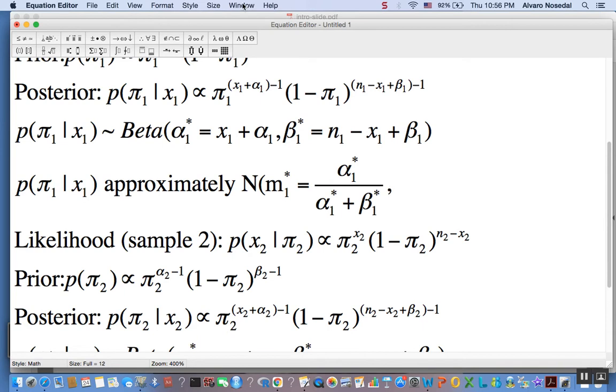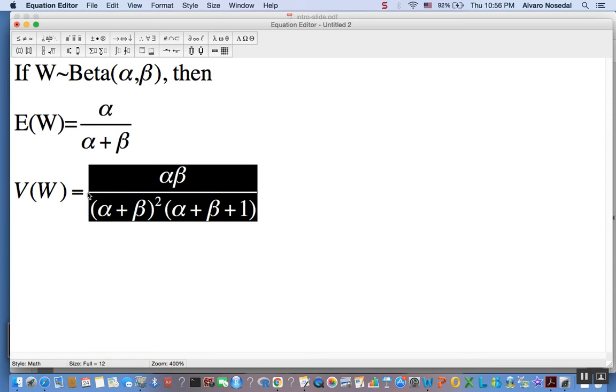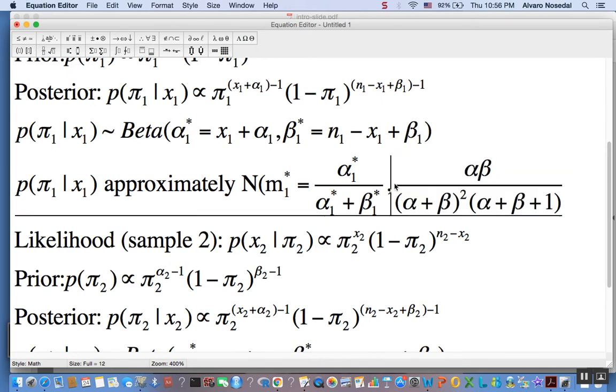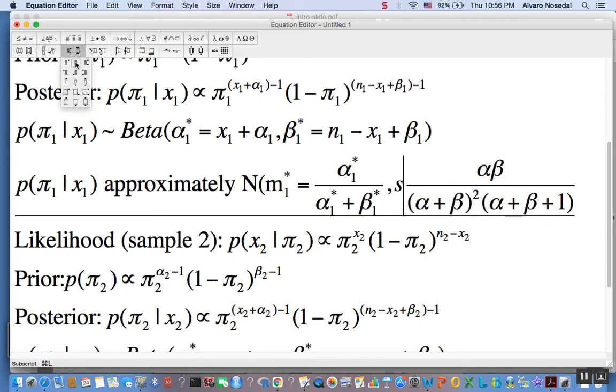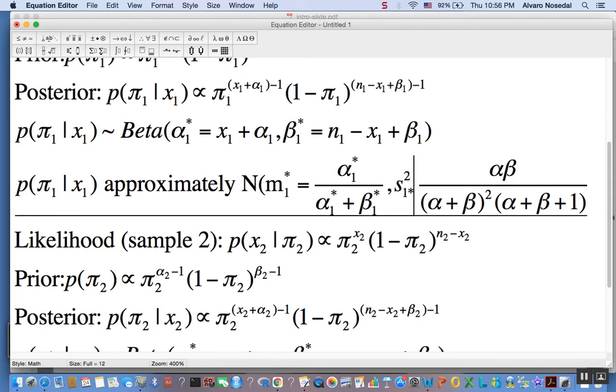And then the variance that we're going to have here, let me call it S1 star squared, because it's going to be the variance.